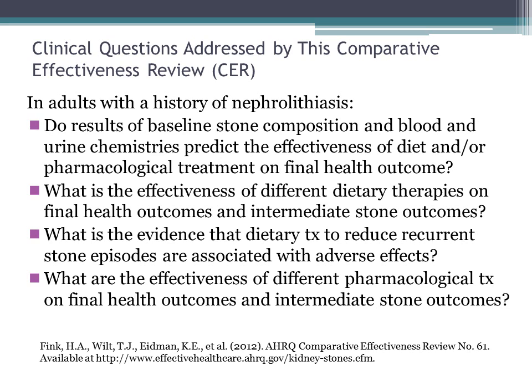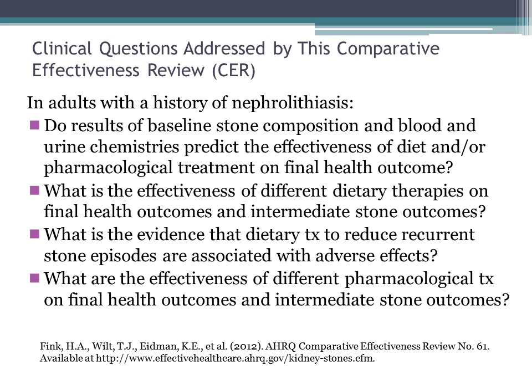This comparative effectiveness review is going to look at specific clinical questions. They studied adults with a history of kidney stones and wanted to look at results of baseline stone composition, blood and urine chemistries, and whether they predict the effectiveness of diet or medication treatment on final health outcome or stone formation.